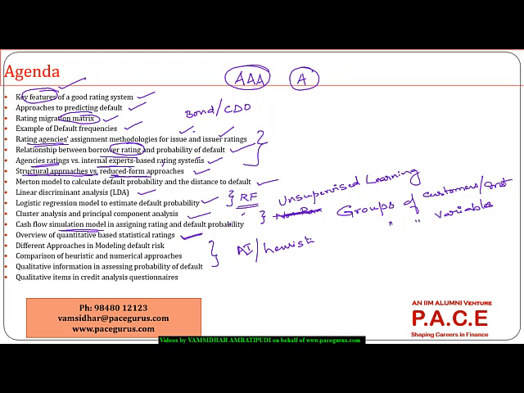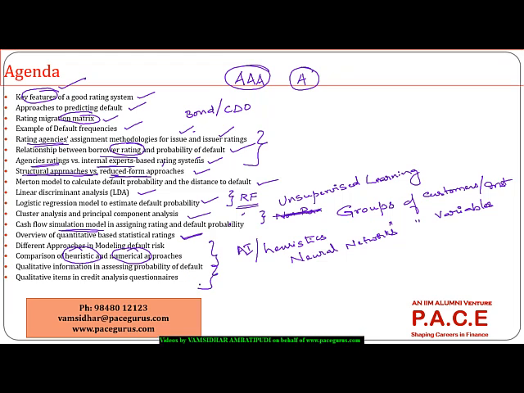The same thing I can do using artificial intelligence or heuristics. So again, I'm trying to compare various heuristic approaches and the numerical approaches. We talk about something called neural networks, etc. out here. So that's one more way in terms of assessing the probability of default.